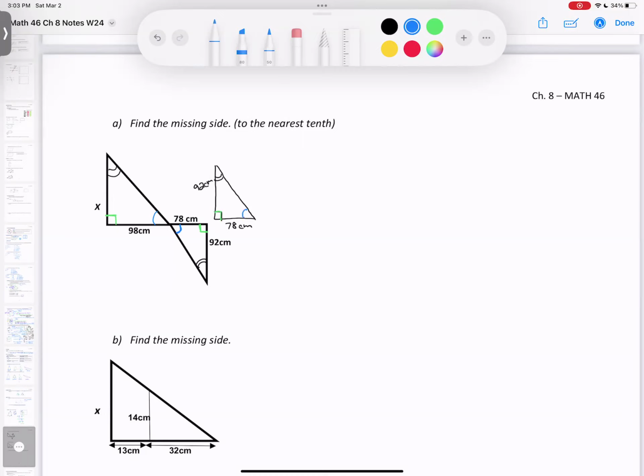Okay, now we have to set up a ratio. We're trying to solve for x. So I'm going to say x over 98 equals, looking at that triangle I just set up, the corresponding side to x would be the 92. And the corresponding side to the 98 would be the 78.